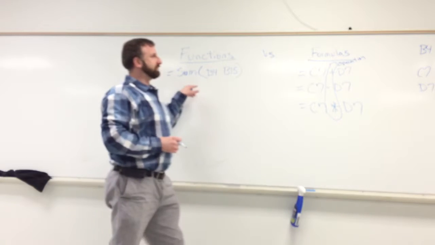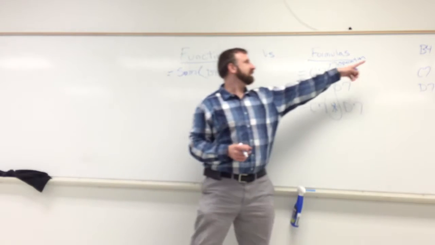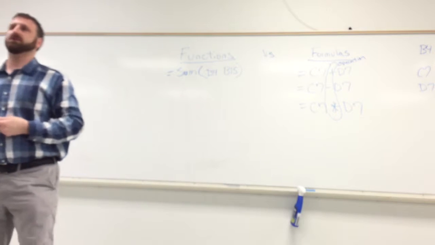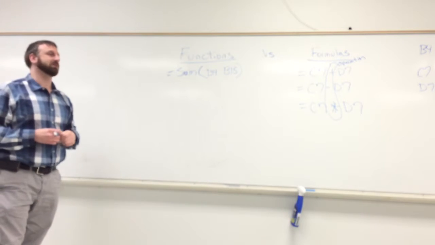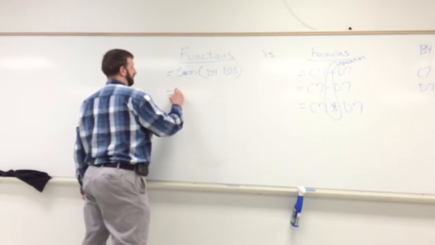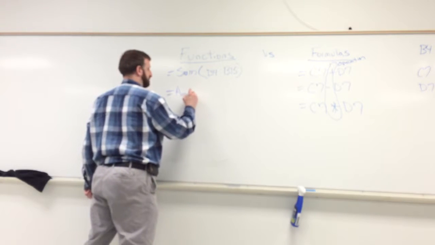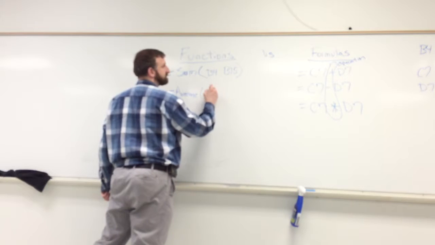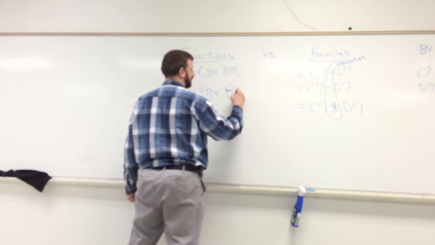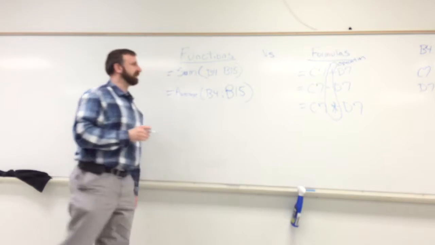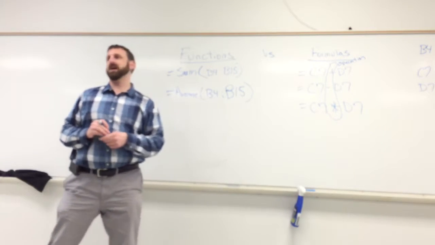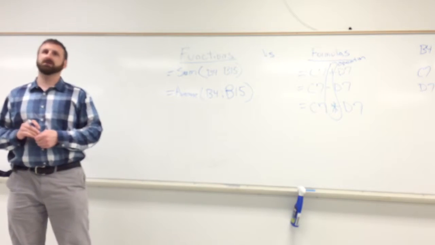So what happens, let's go look at functions and take the range B4 through B15. What if I wanted to average that range? Good. Just like that. What if I wanted to find the maximum value in that range?